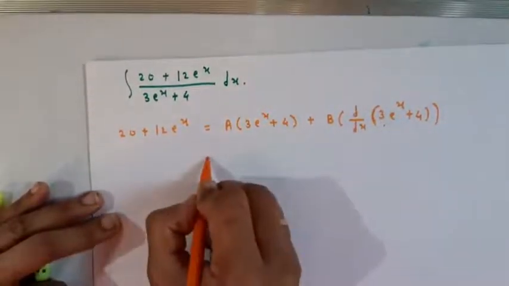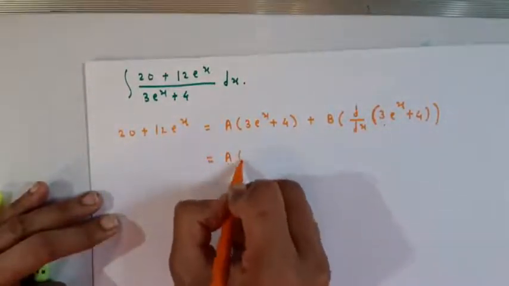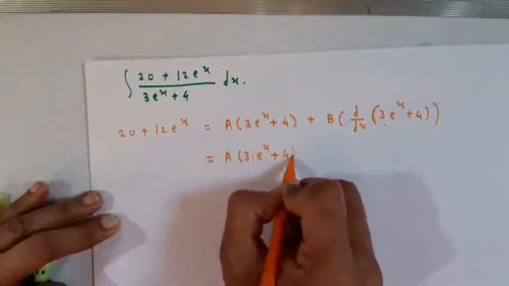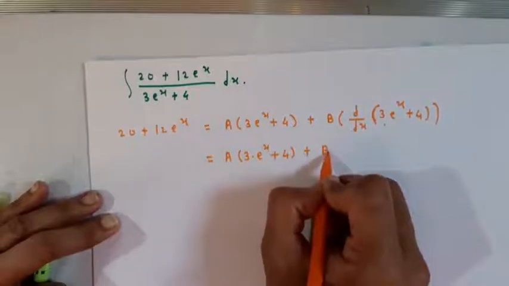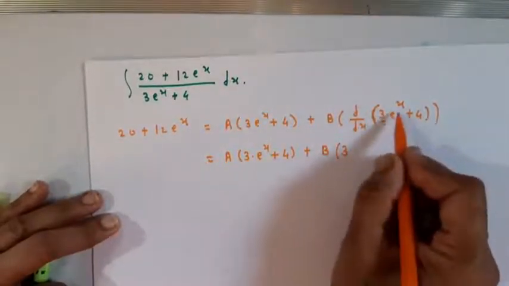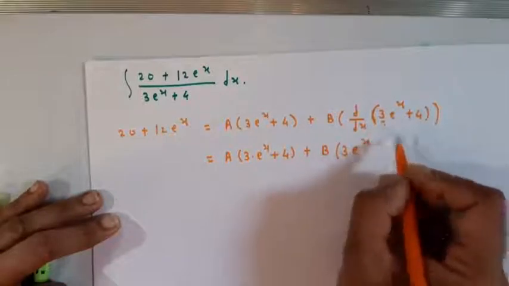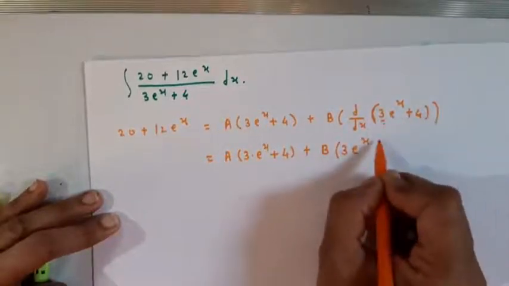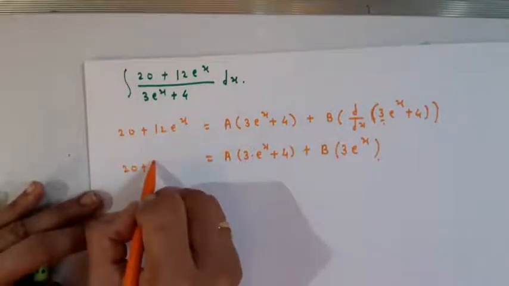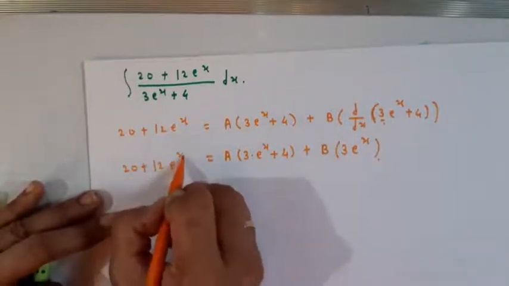Okay, and this is equal to a into (3e^x + 4) plus b into the derivative: 3 as a constant, derivative of e^x is e^x, plus derivative of 4 is 0, and this is 20 + 12e^x.